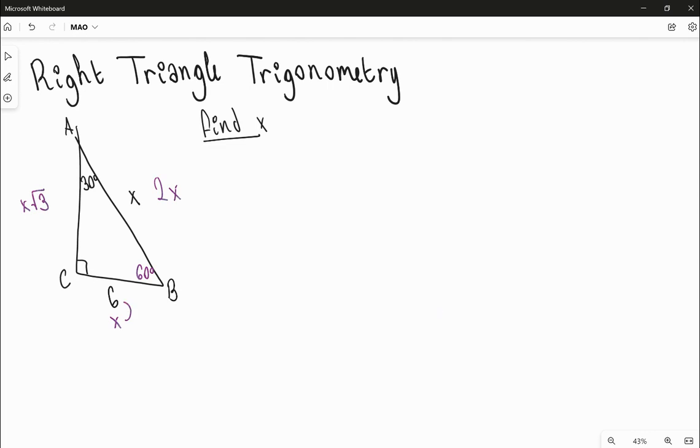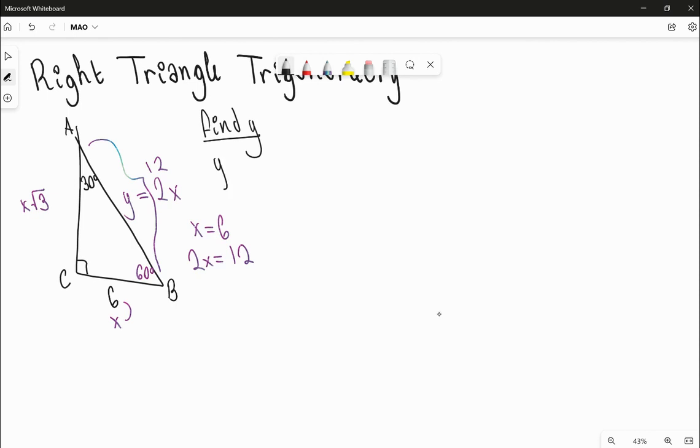Actually, let's make this find y, so you're not confused. If our x is 6, then our 2x is 12. 2x is equal to y, so y is equal to 12.